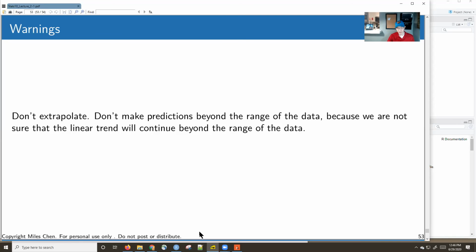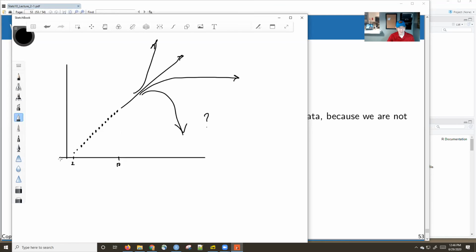The example of a child growing is silly because it's something that we're all familiar with, right? The child growing, that trend holds for a decade or so before it levels off.